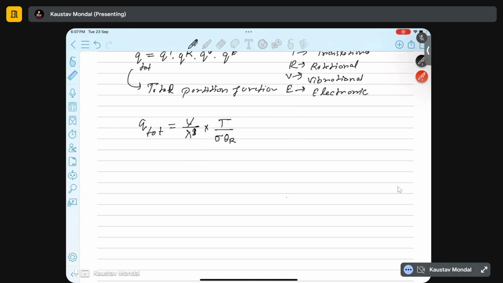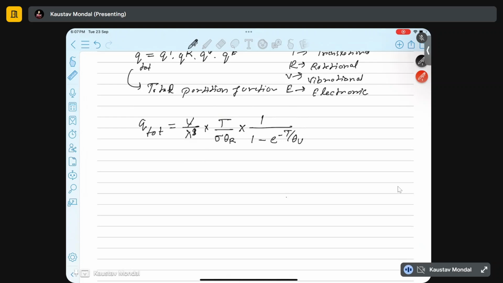Next comes the vibrational. The vibrational partition function has this form: 1 by 1 minus e to the power minus theta_v by T. Here theta_v is the corresponding vibrational temperature, almost similar to the case where we defined theta_r as the rotational temperature.